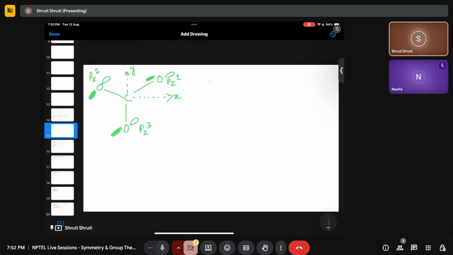Okay, now when you do a C3 rotation along the Z axis, clockwise, what will happen here? How will it get rotated? This is the Z axis.